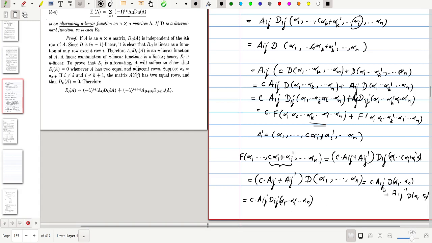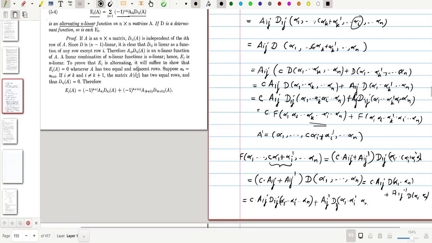So that is the same as this one. Similarly, this is the same as aij prime times dij of alpha 1, alpha 2, etc., alpha I prime, etc., alpha n. When you evaluate dij of this, that is the same as d of the matrix obtained by removing the ith row and jth column. So that is the same as d of alpha 1, alpha 2, etc., alpha n.